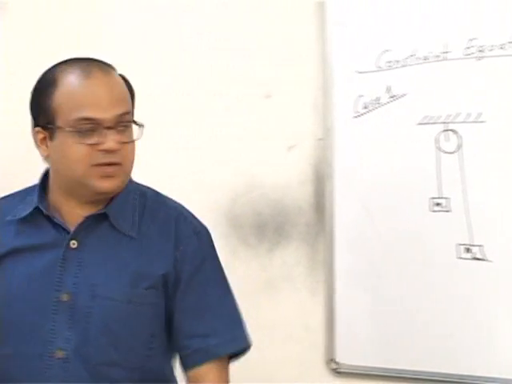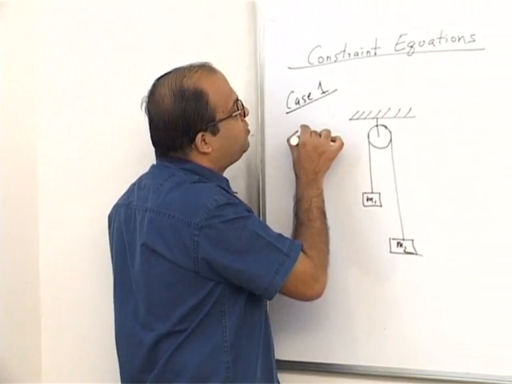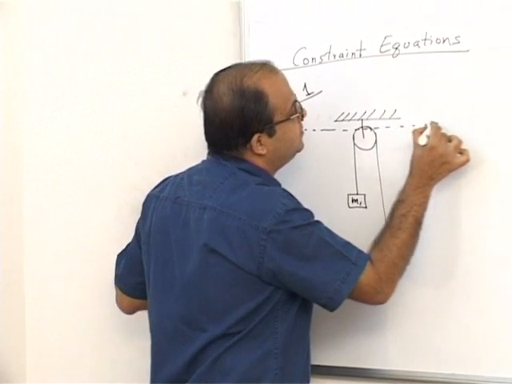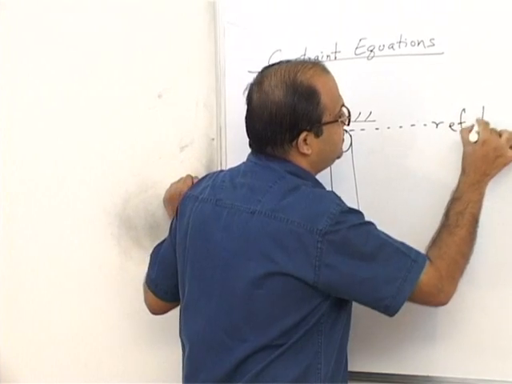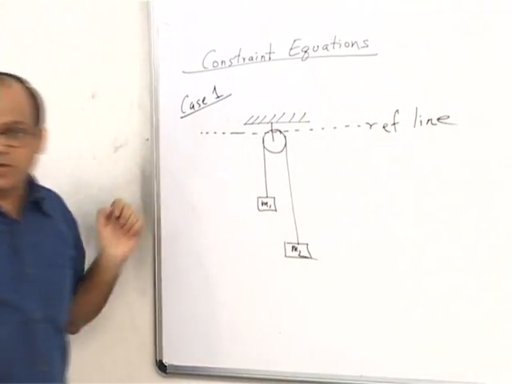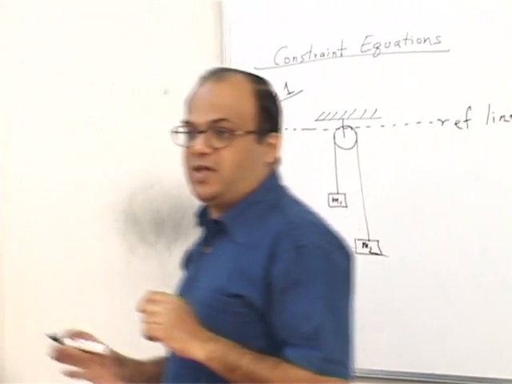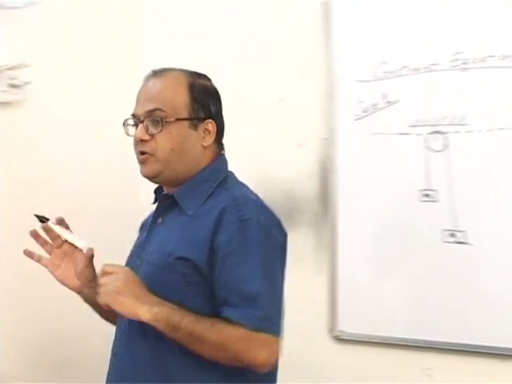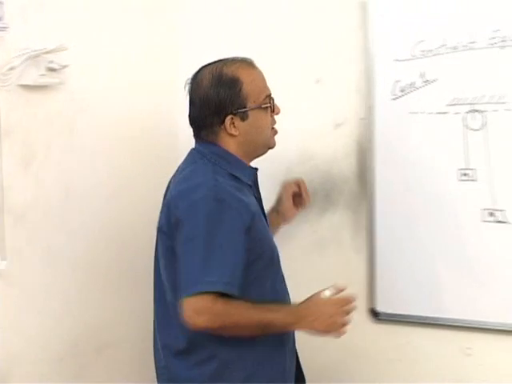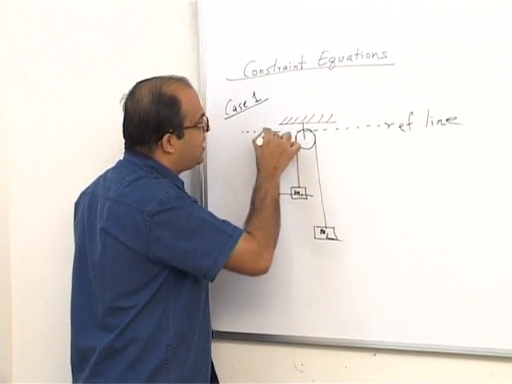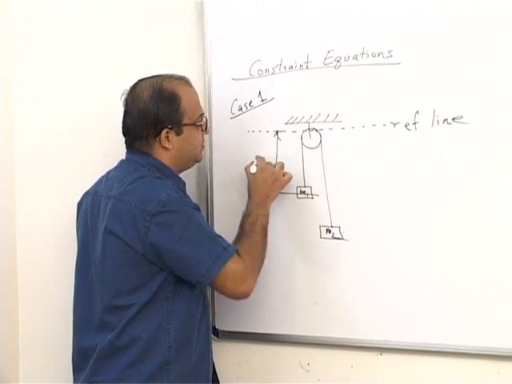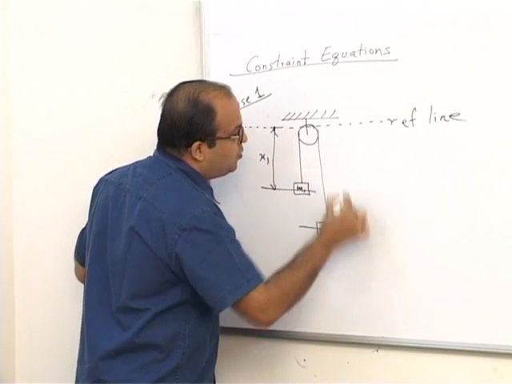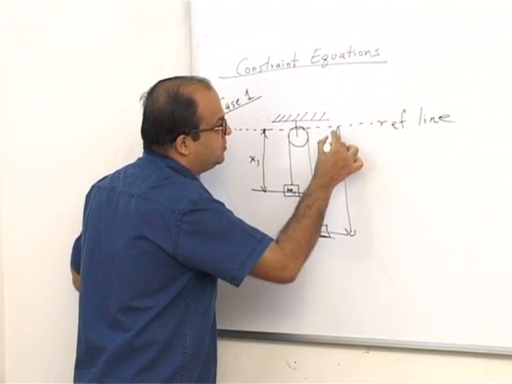The first step is to draw a reference line at the topmost pulley. Remember, all distances are measured from the reference line. After you have drawn the reference line, call the distance to M1 as x1 and distance to M2 as x2.